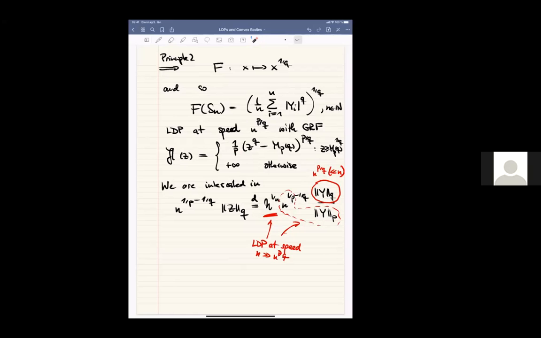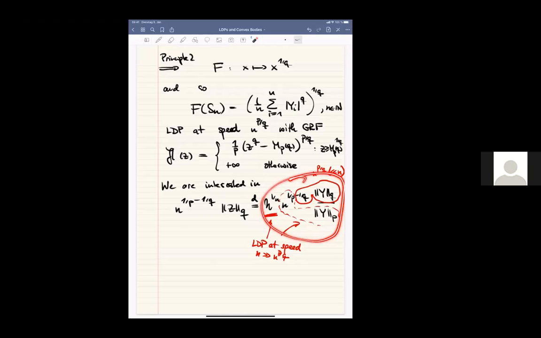To formalize the whole thing, you prove that the whole expression, for which you want the LDP, is exponentially equivalent to this expression here.